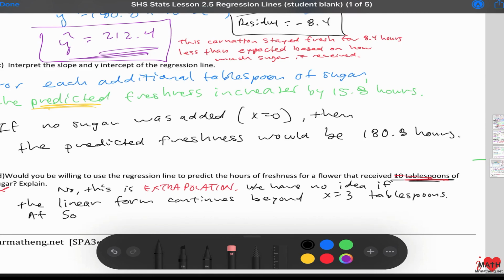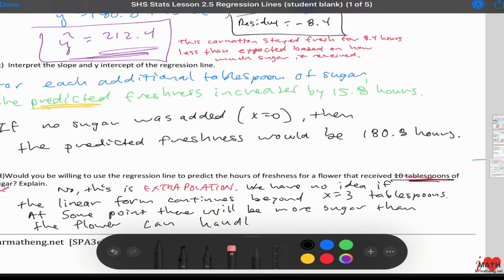At some point there will be more sugar, think about this, than the flower can handle. Just like Halloween.